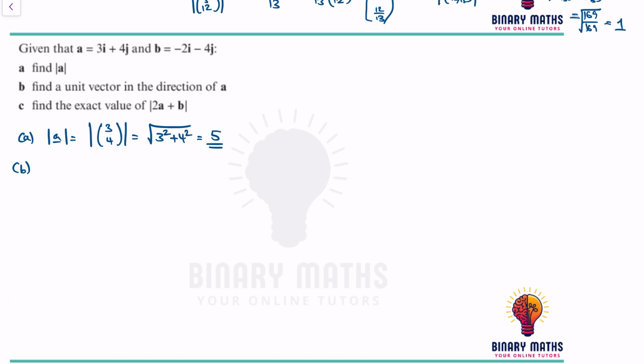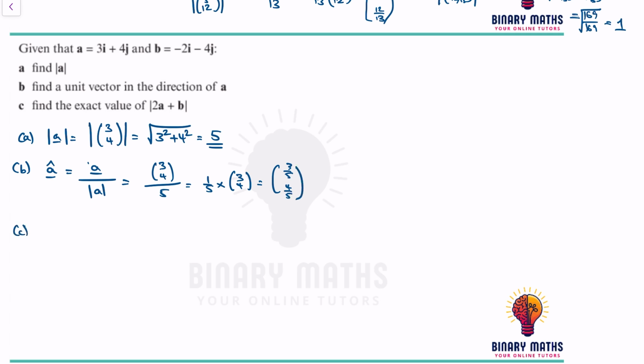Find a unit vector in the direction of A. So the unit vector of A is equal to A over the magnitude of A, which is equal to (3, 4) divided by 5. So it's one fifth times (3, 4), which is equal to (3 over 5, 4 over 5).